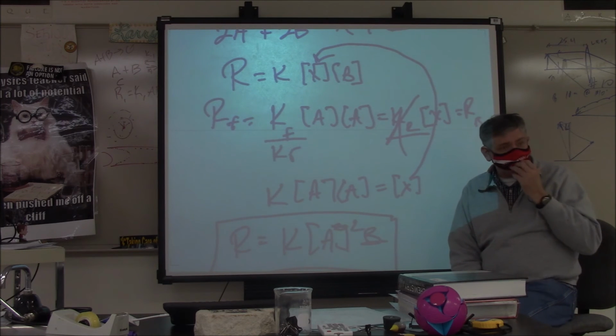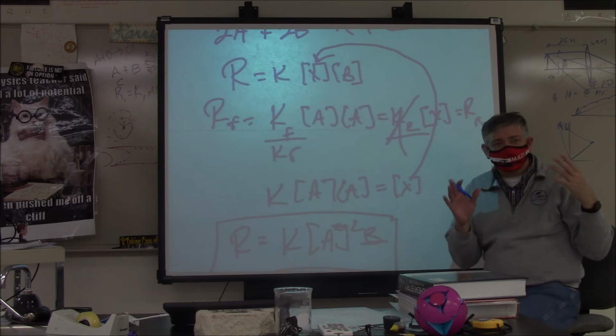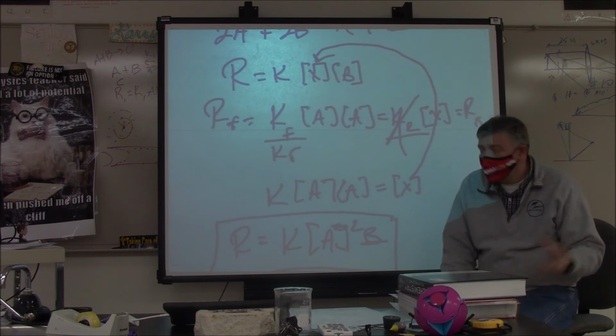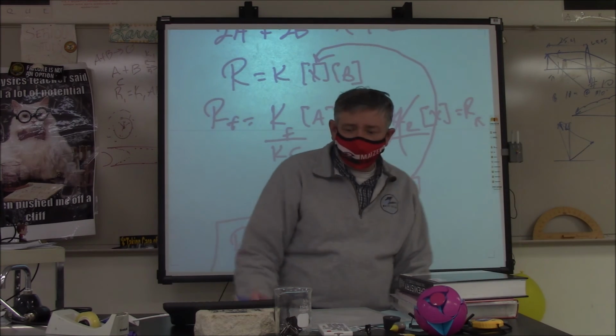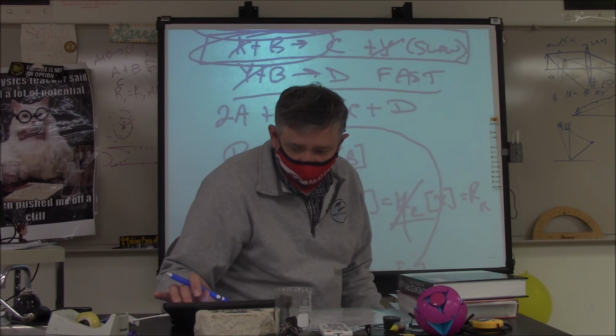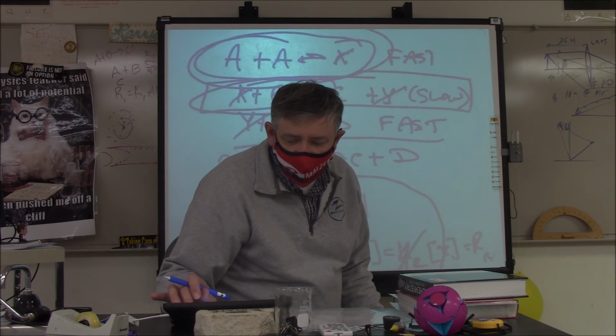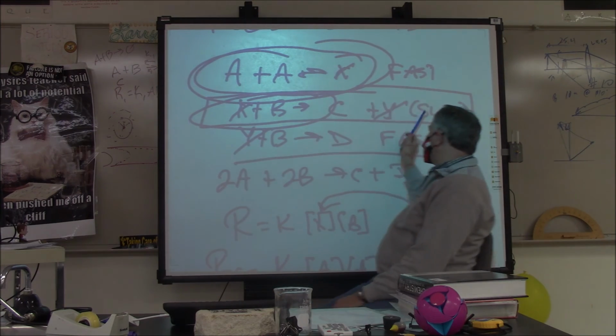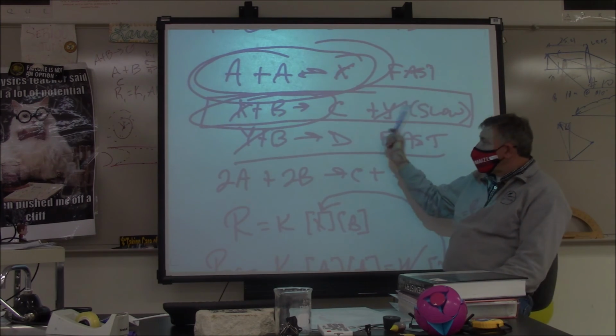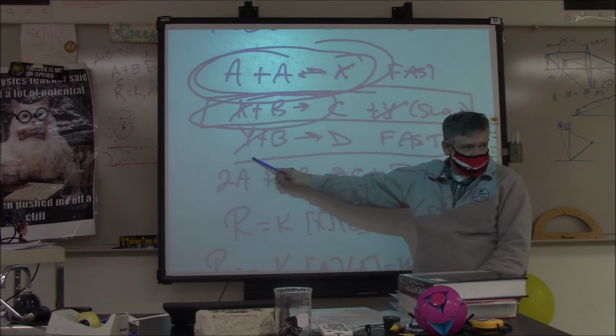Now, physically, this becomes tough to actually set up, and here's the reason why. No pun intended when I said Y: if I produce Y out of this step, Y is immediately going to get consumed.